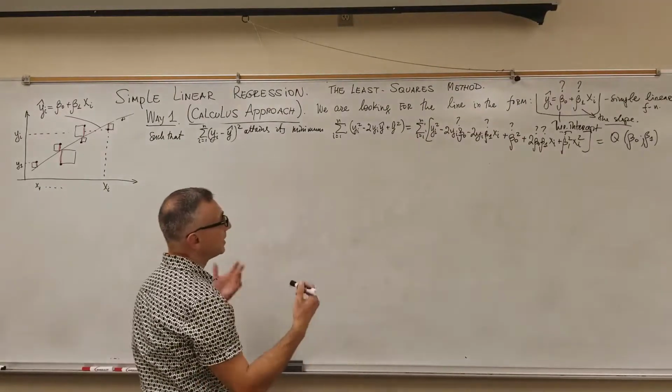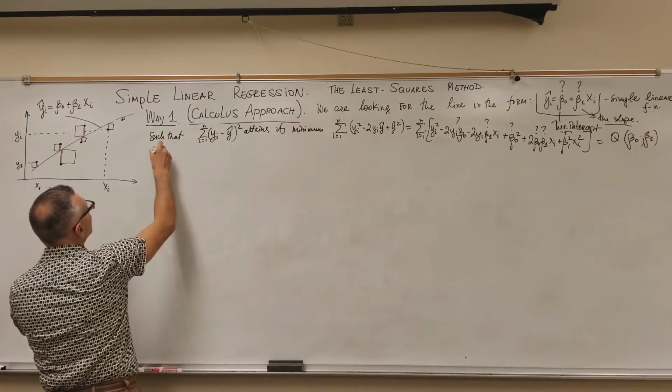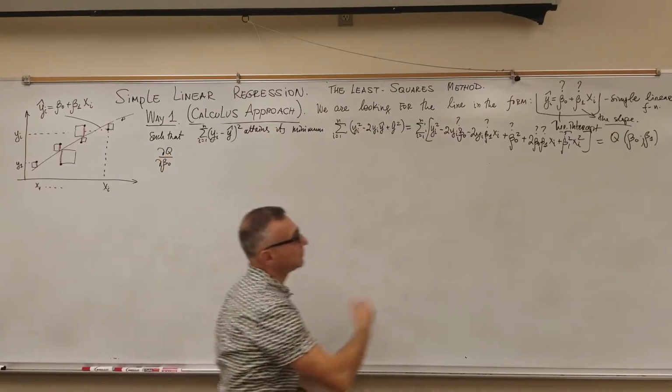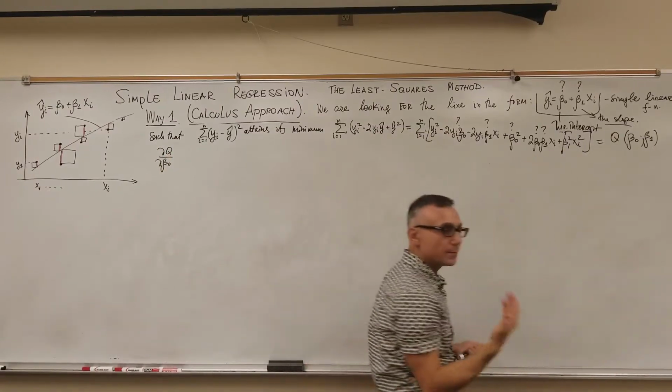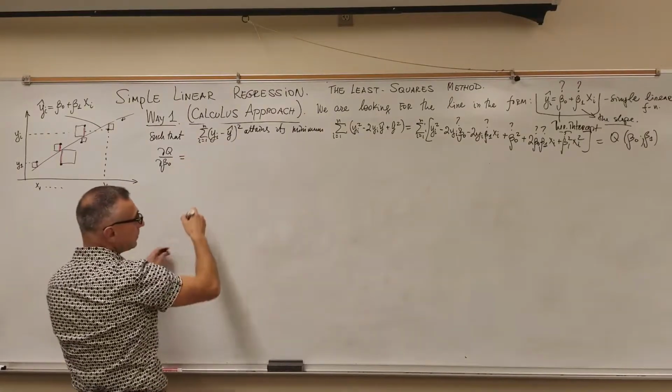So the first step would be to find the first derivative of this function, dQ d beta 0, the derivative with respect to beta 0.